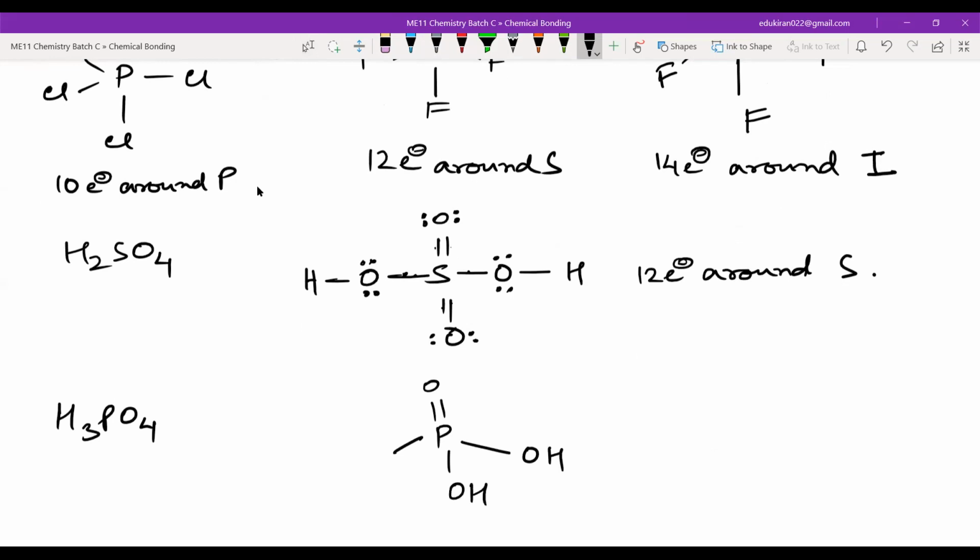OH, OH, OH. This is what? 10 electrons around phosphorus.